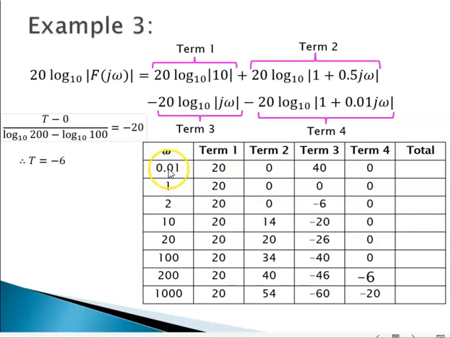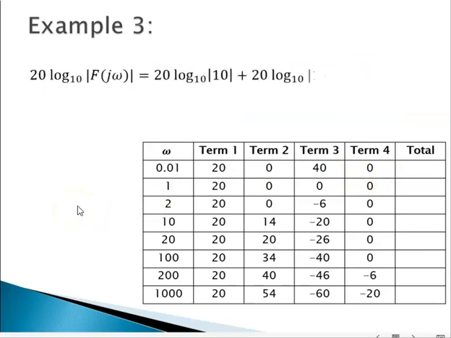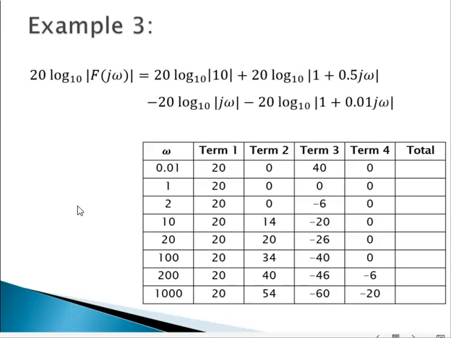Corresponding to each value of omega, you sum up 20 plus 0 plus 40 plus 0. Okay, we will write that down here systematically.